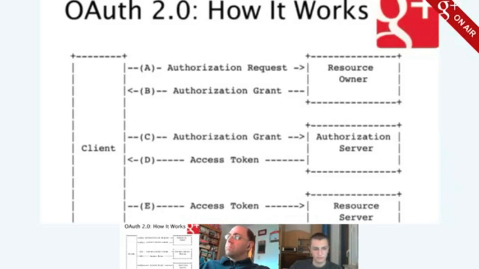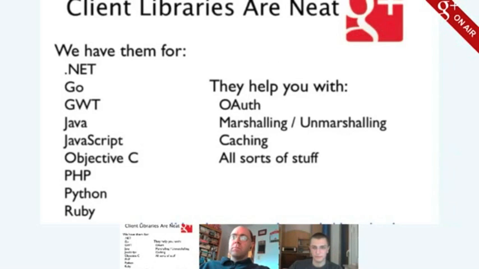And this is just kind of a small little sliver of all the stuff that OAuth 2.0 provides, because it has all sorts of cool different flows for installed apps and client-side apps like JavaScript apps. But you really don't need to worry about this too much right now. It's really important that you understand how this works later on as you're developing your application, but you don't need to worry about it to get started, because our client libraries take care of a lot of this stuff for you. They're pretty neat.